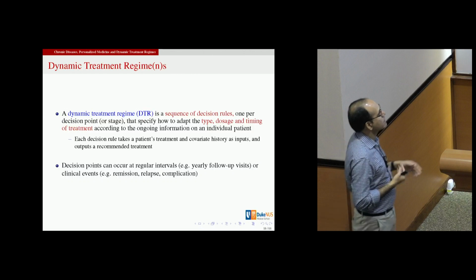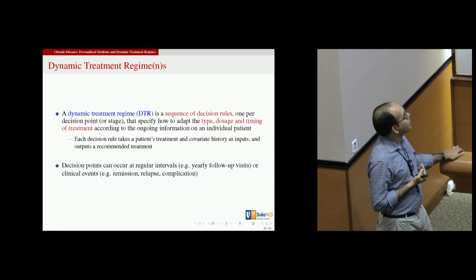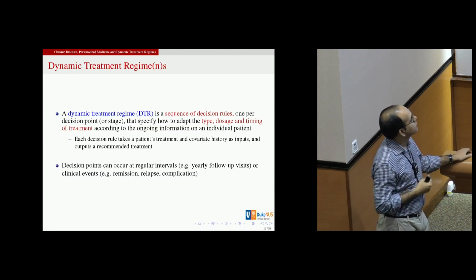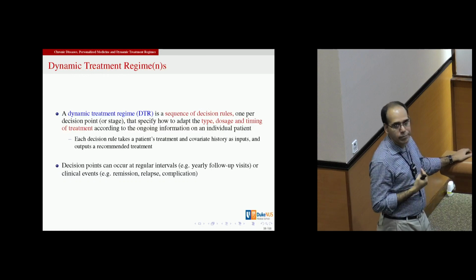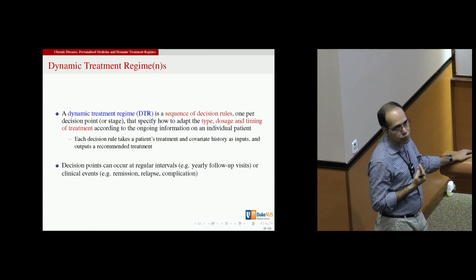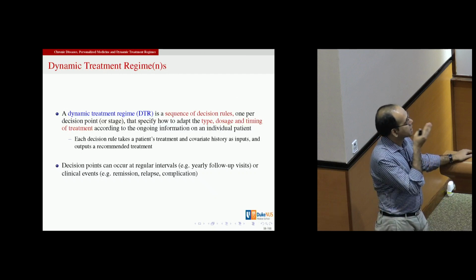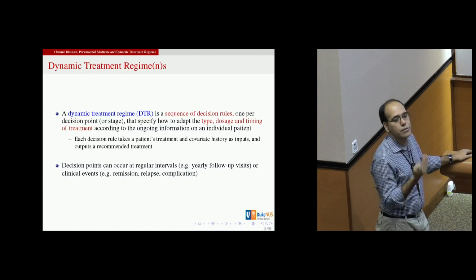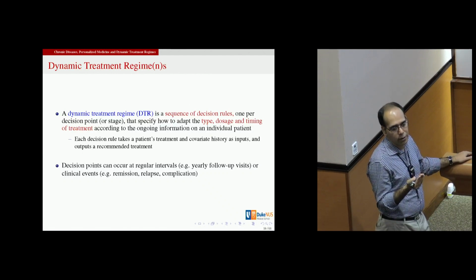It's basically a sequence of decision rules, one per decision point or stage, that specify how to adapt the type, dosage, and timing of treatment according to the ongoing information on the individual patient. Not all of type, dosage, and timing may be present within a particular regime.